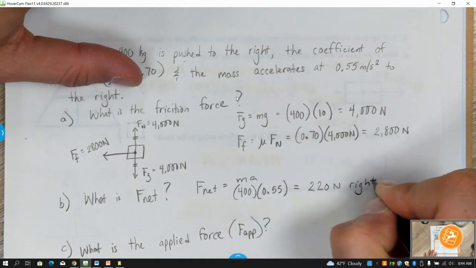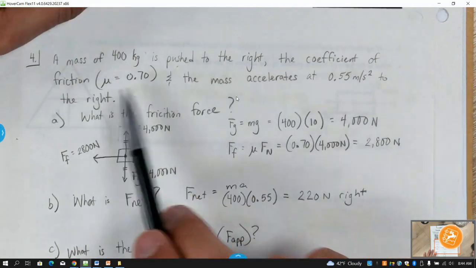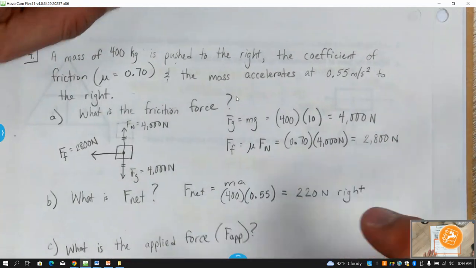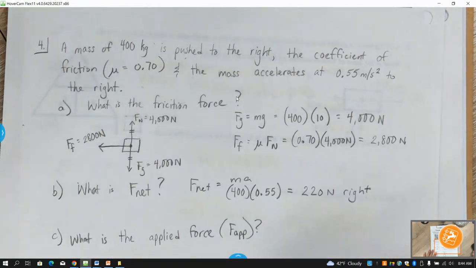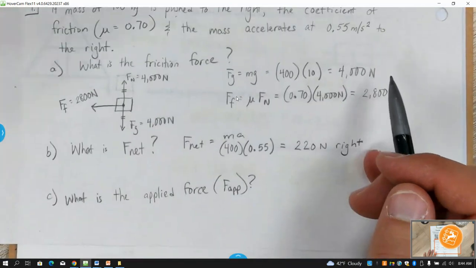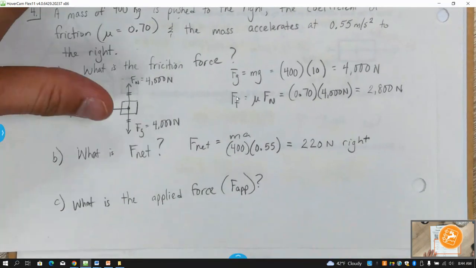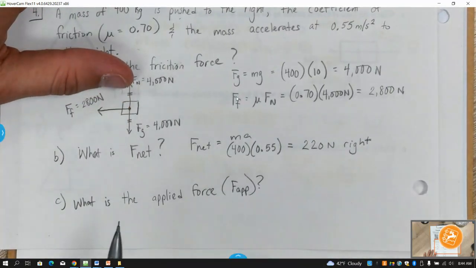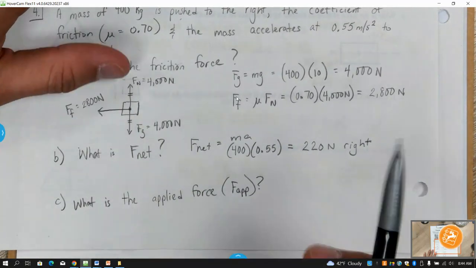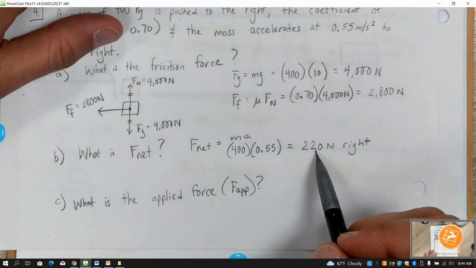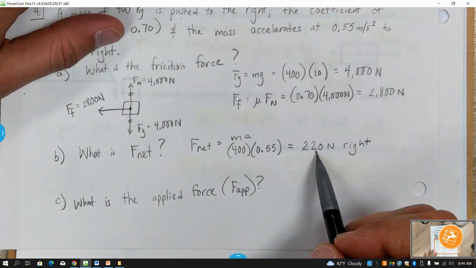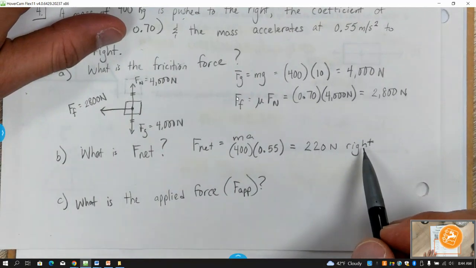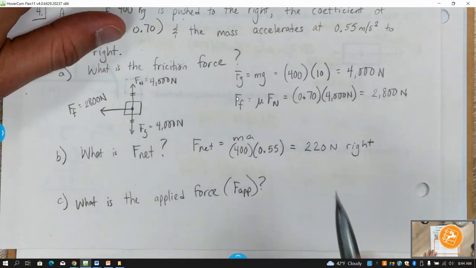And why or how do I know that? Because the acceleration is to the right. Net force and acceleration have to be in the same direction. So this last one is, again, just your understanding of Newton's first law, balanced and unbalanced forces, and when we did a little bit of the mechanical equilibrium. If the net force needs to be 220 newtons to the right, very good.